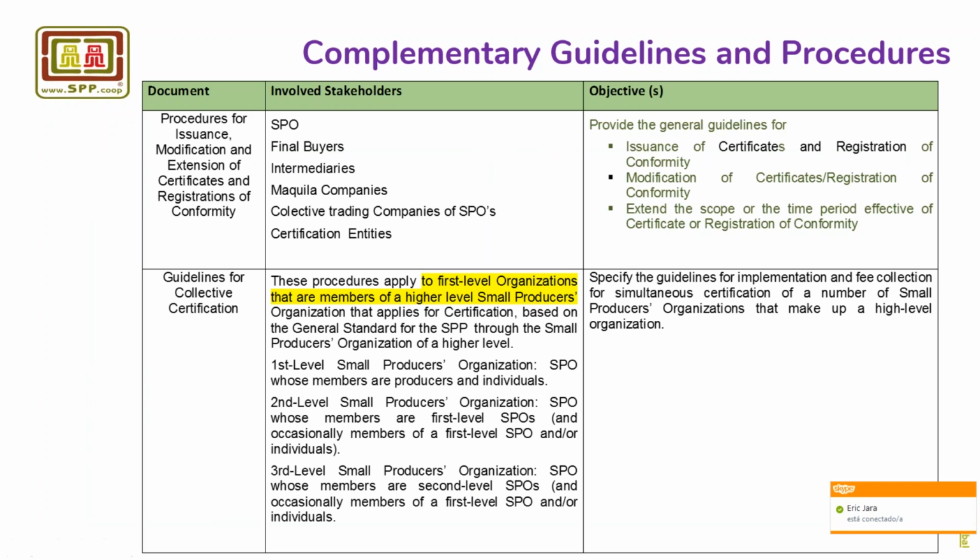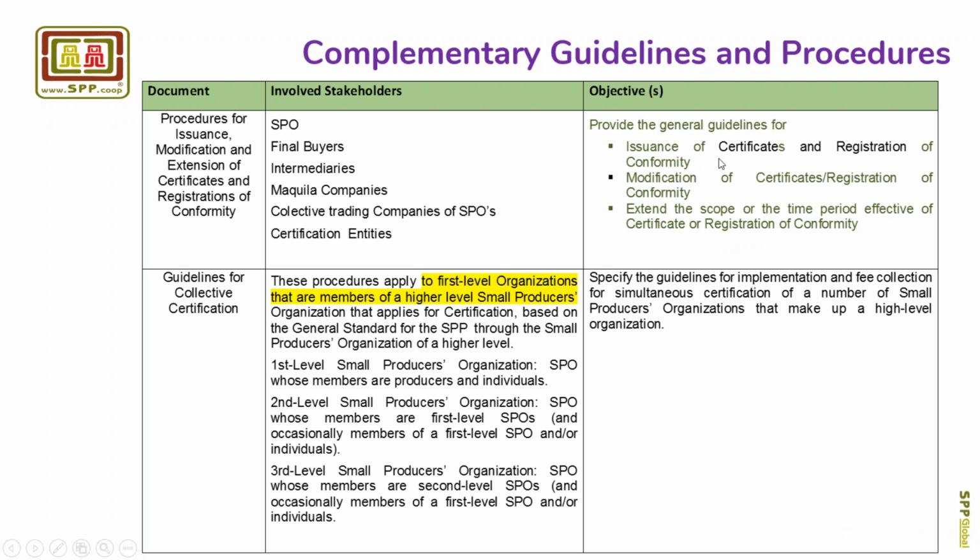Another complementary procedure is the procedures for issuance, modification, and extension of certificates and registration of conformity. The involved stakeholders are all of those that we consider in the SPP system: SPO organizations, final buyers, intermediary and maquila companies, collective trading companies, and finally certification entities.